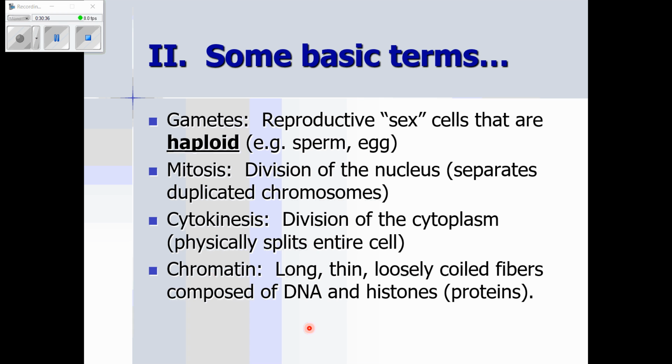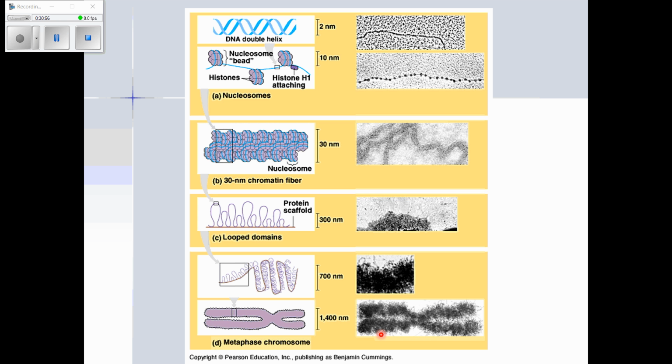Chromatin refers to long, thin, relatively uncoiled or very loosely coiled fibers of DNA. And these DNA fibers are wrapped around tiny little spools inside the cell called histone proteins.